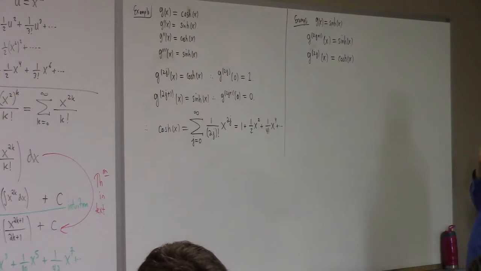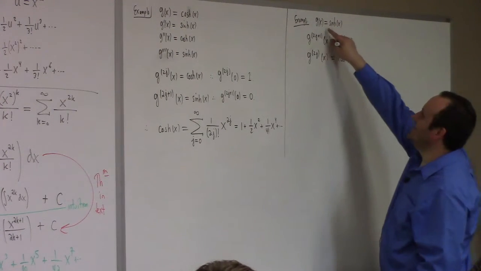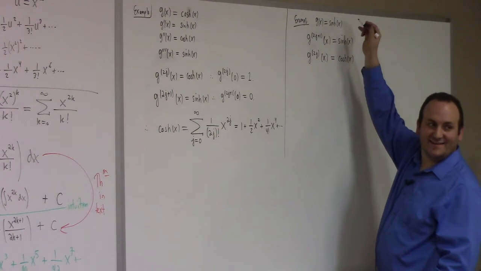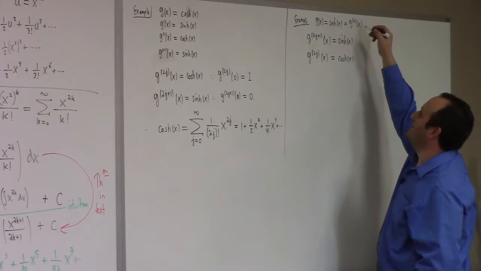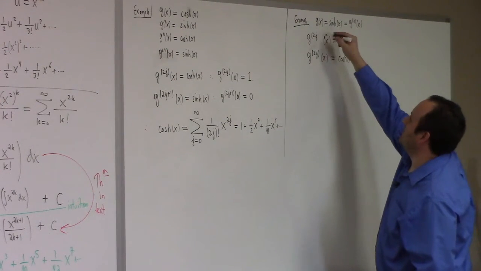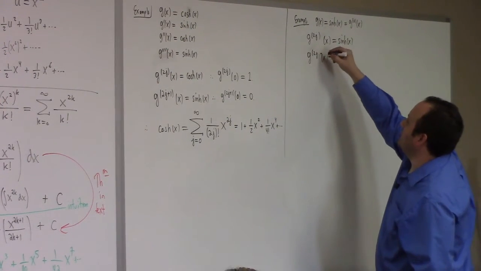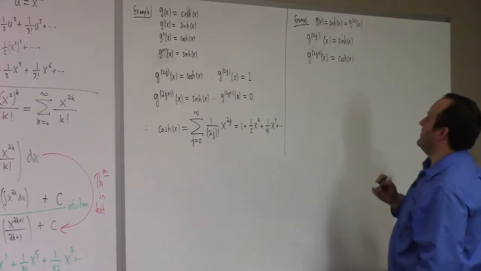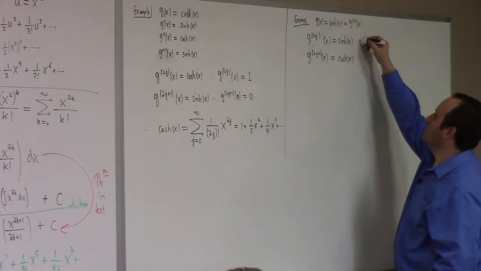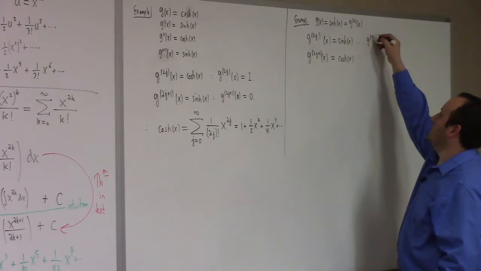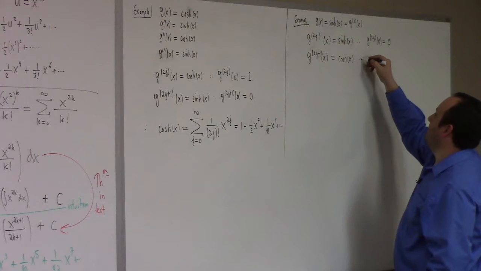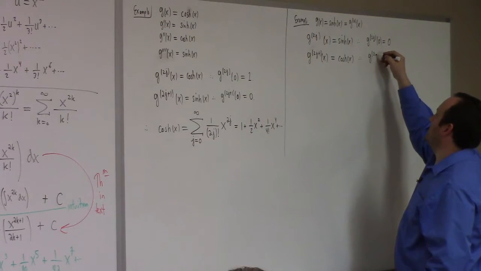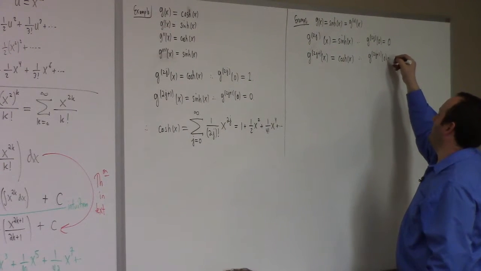Oh, I'm sorry. I got that exactly backwards, didn't I? Which derivative is this? That's the 0th derivative, right? Duh. I can't count. So let's fix that. The even derivatives are sinh. The odd derivatives in this example are cosh, right? So therefore what? An even derivative of g evaluated at 0 is equal to 0. An odd derivative of g evaluated at 0 is 1.